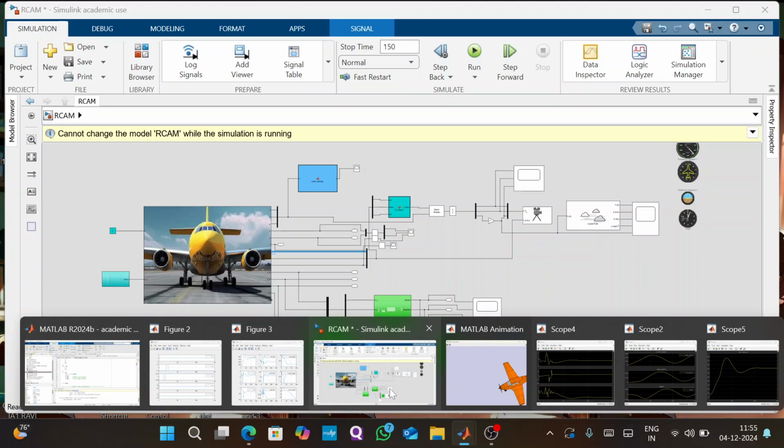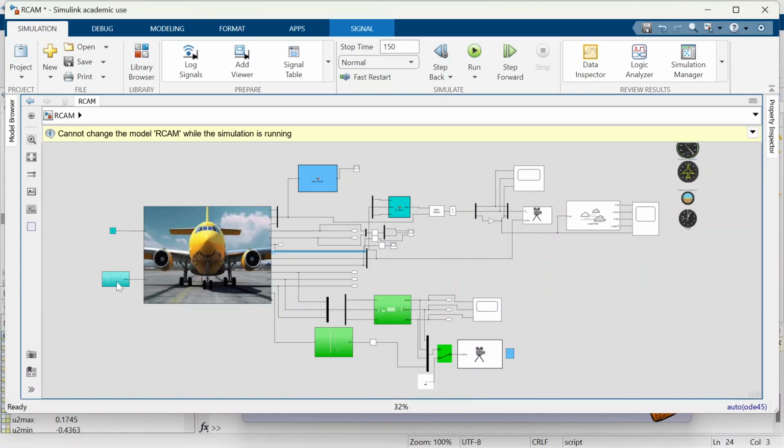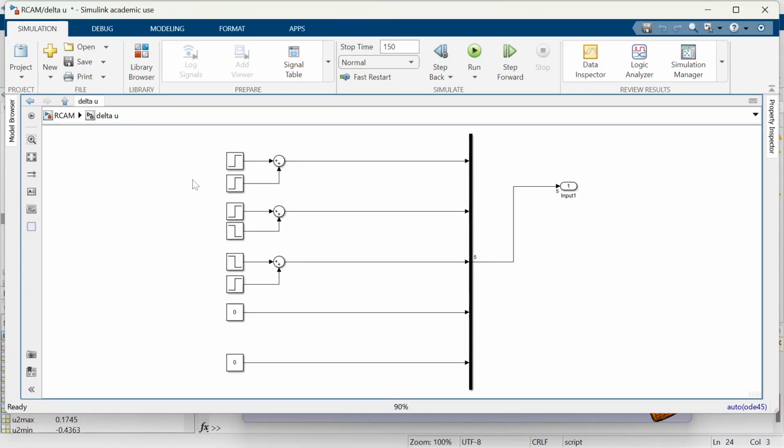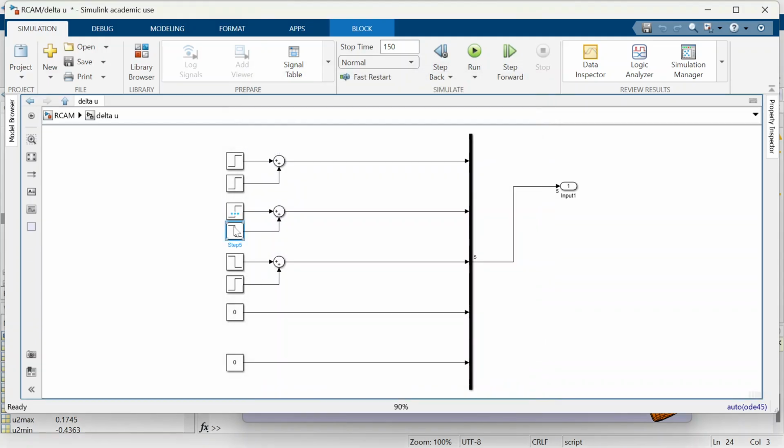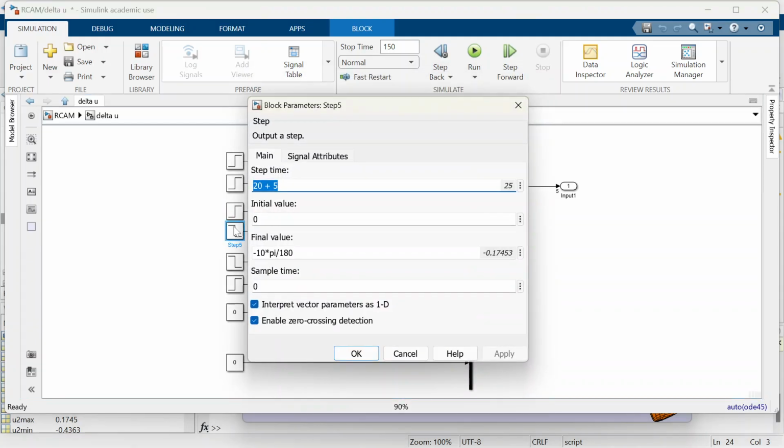at a particular time, we go to Simulink, and I've given it here. So this is pitch rate. At the 20th second, I have given 10 degrees of deflection, and I want the deflection to sustain for 5 seconds.